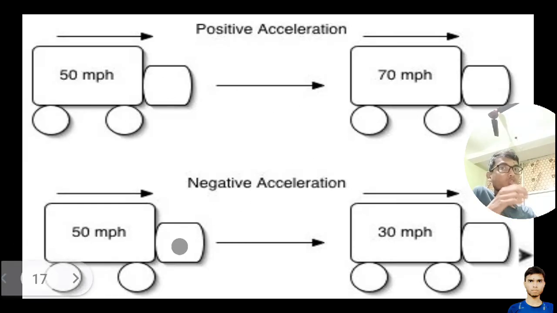Here what is happening? From more till less will be negative, as we know. Here the speed of this vehicle was 50 meter per hour, but it decreased.